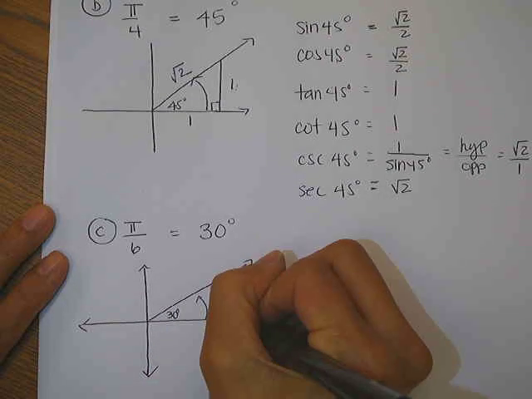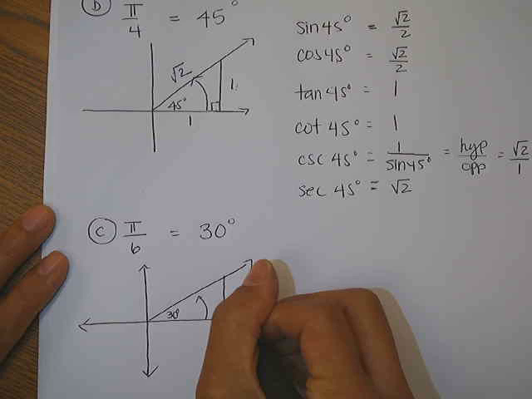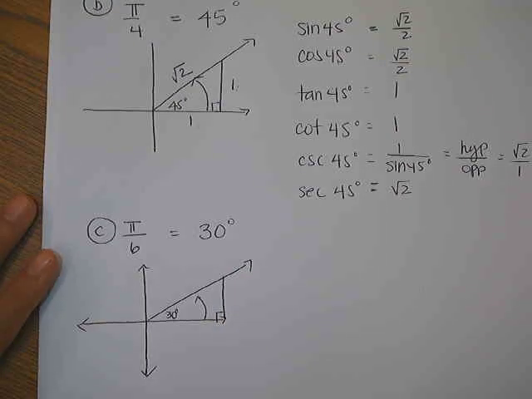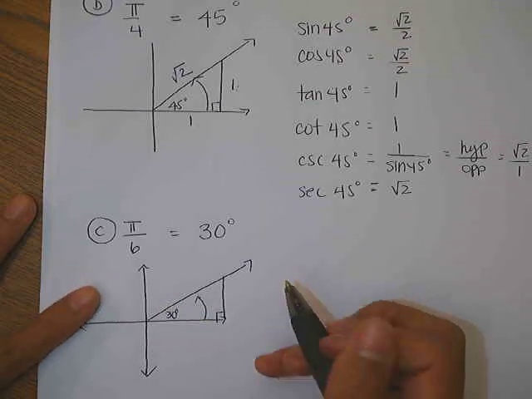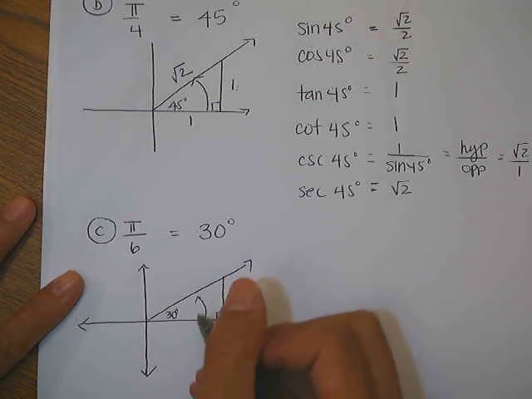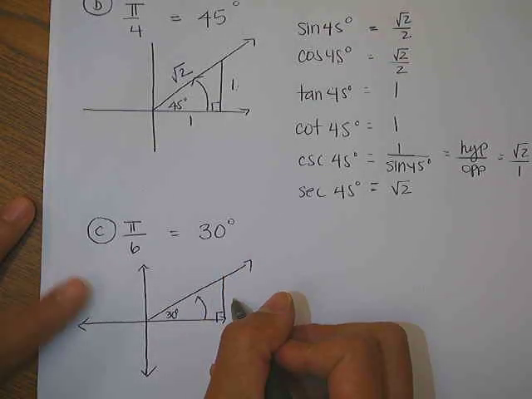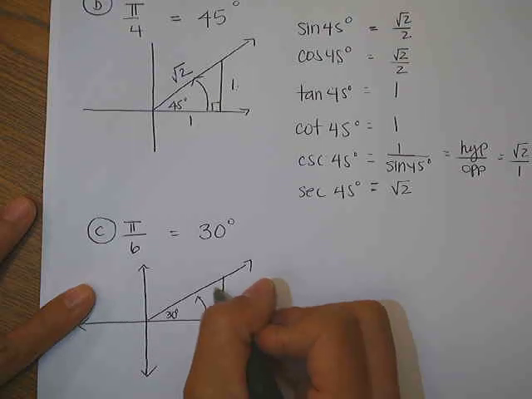I'm going to make a reference angle, which is here. Pi over 6, the reference angle is itself. Now if that's 30 degrees, then this is 60 degrees, obviously.